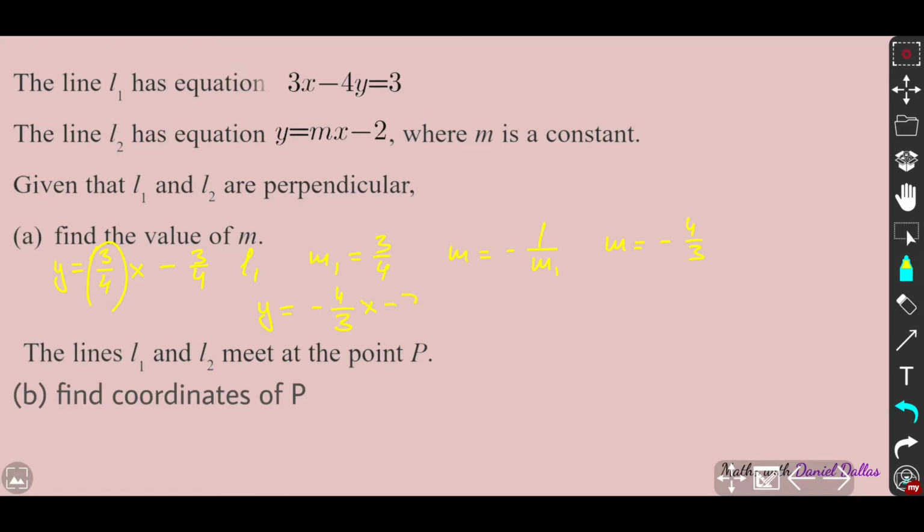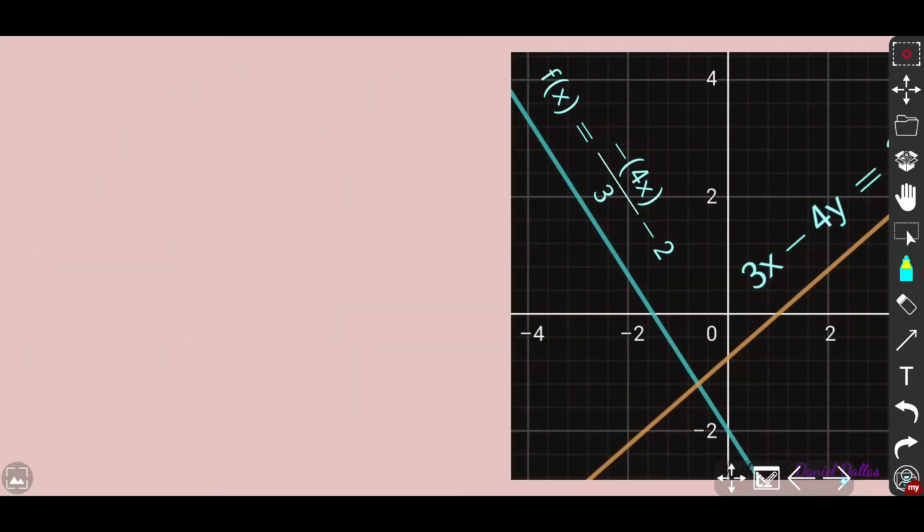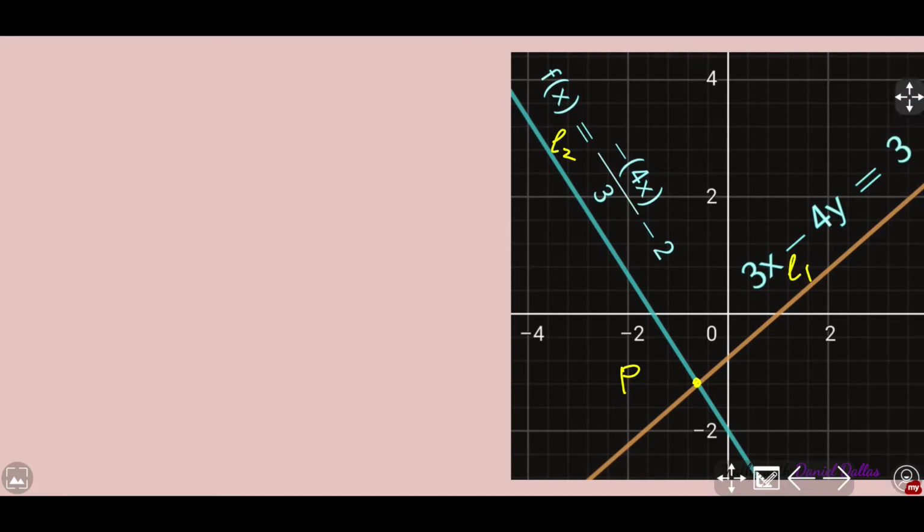Alright, so let's move to the second question. You need to find the coordinates of P, where point P is the point of intersection. So here I just set up those two lines, and here is the point P. That's L2, here is L1, and we have everything in order to define it.